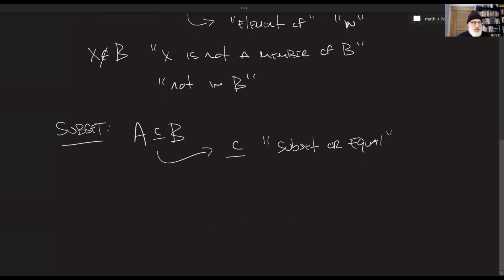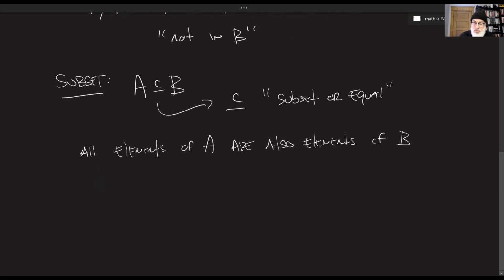So by definition, what does it mean to be a subset? It means that all the elements of A are also elements of B.